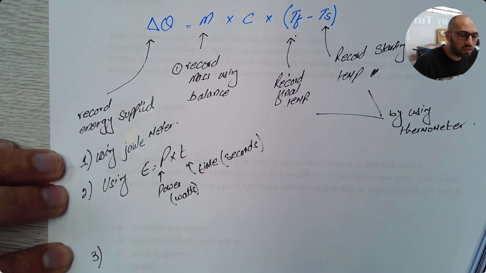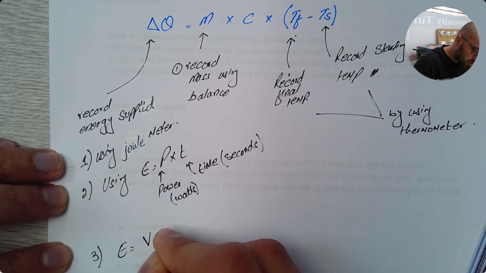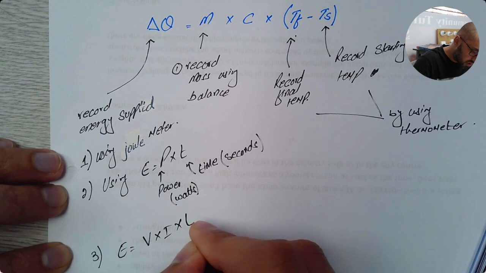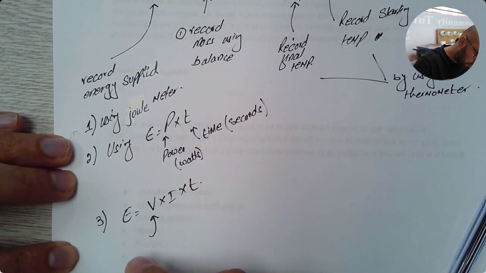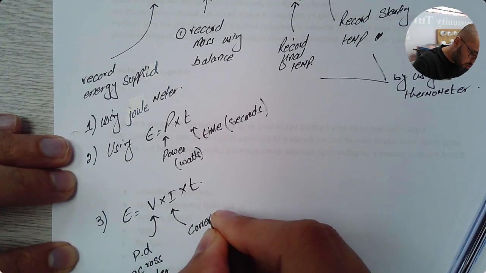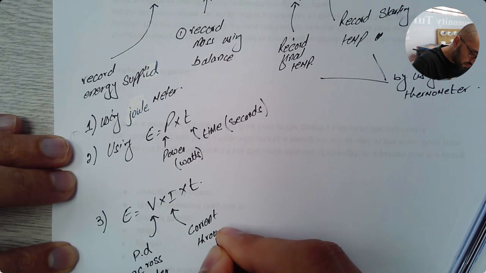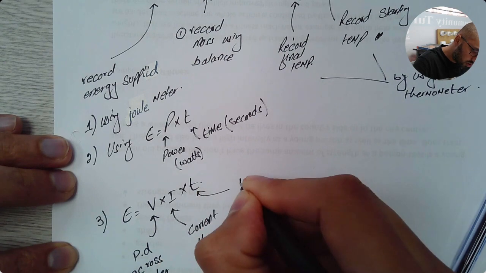There is another way of finding energy supplied, and that is E equals V times I times T, where V is your PD across heater, I is the current through heater, and this will be your time.